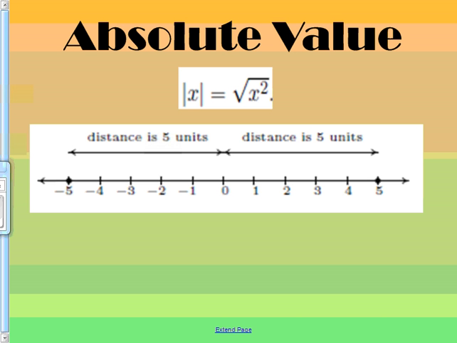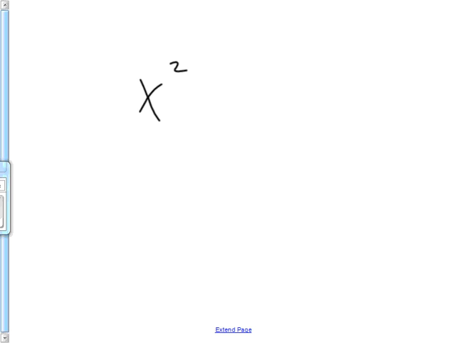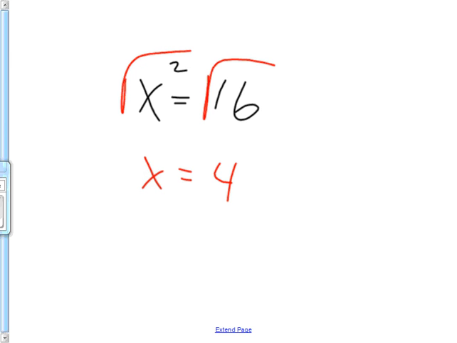This is a good reminder that, sorry, I actually would have written this backwards. The square root of x squared is the absolute value of x. That's a really important concept to get. Otherwise, if you had this, what do you get if you just square root both sides? You're going to say x equals 4 and think that's the right answer.